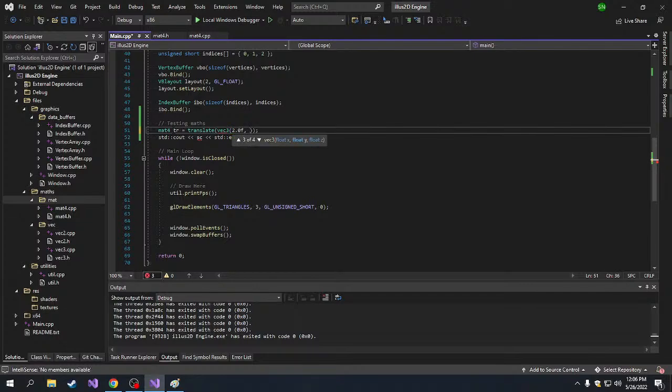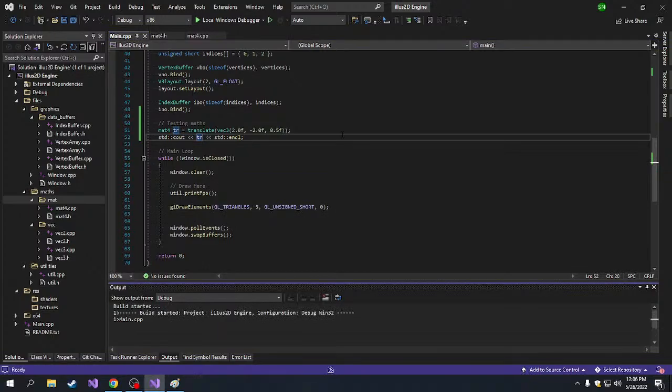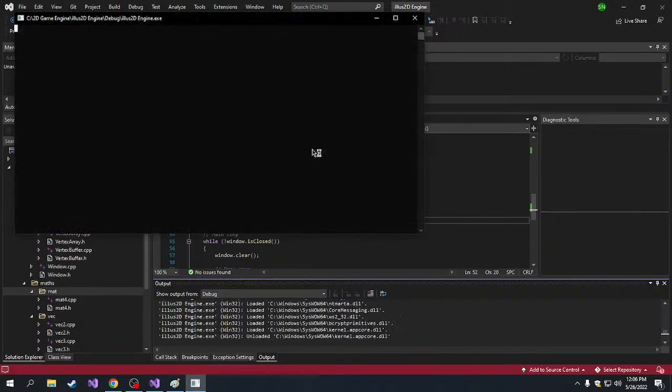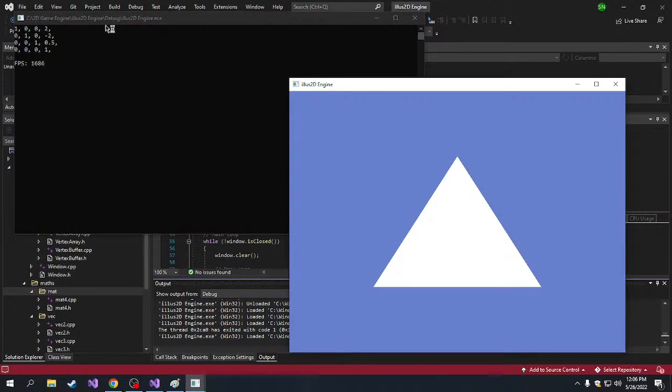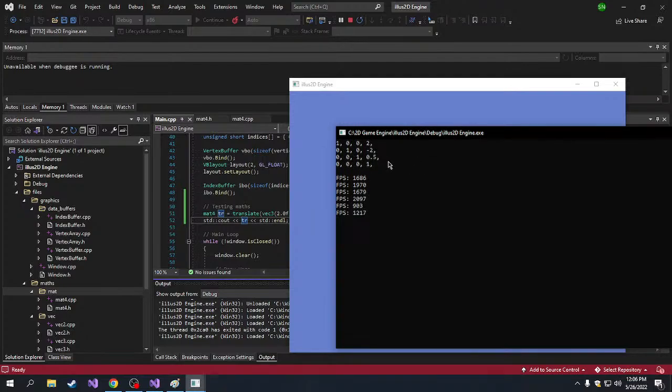So let's try to make it as our example: 2 in the x, negative 2 in the y, 0.5 in the z, and positive w, because it's not our problem. In the TR matrix, and voila, see, our matrix is rocking. So we have 2, negative 2, 0.5, and awesome.